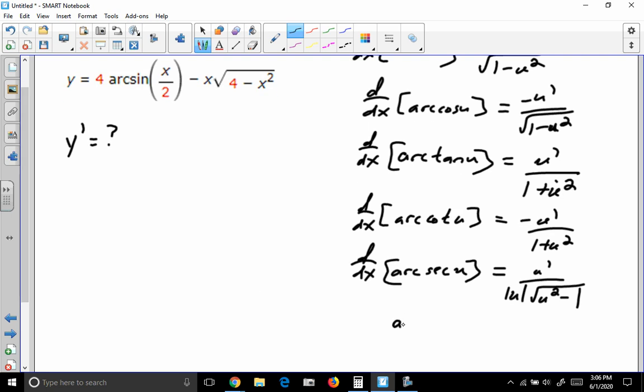So arc cosecant is going to be similar to that. The derivative of arc cosecant is minus u prime over the absolute value of u times the square root of u squared minus 1. So 6 new derivatives.